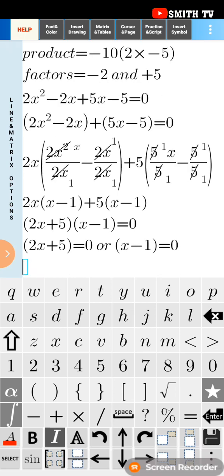So I have to remove the bracket now. So I'll have 2x plus 5 equal to 0, or x minus 1 equal to 0 also. So this is 5, not 4.